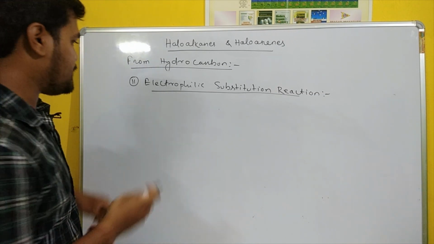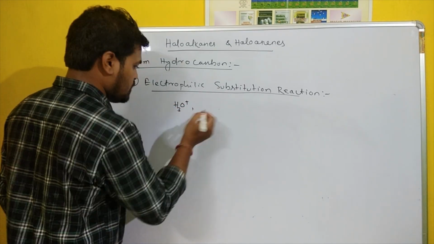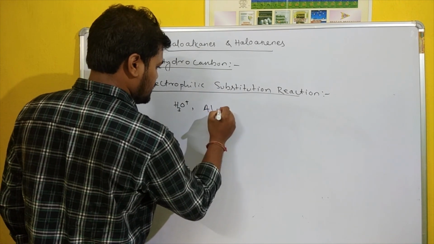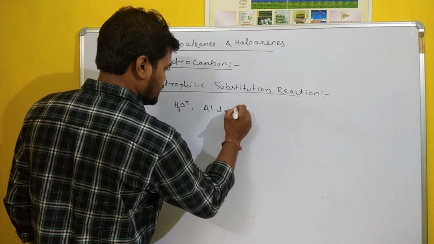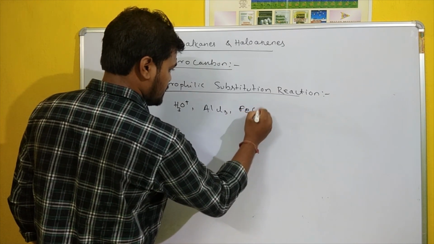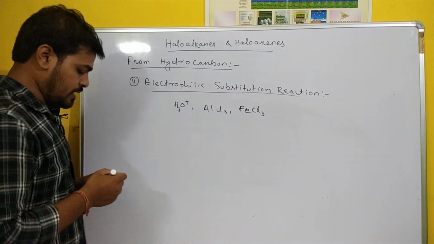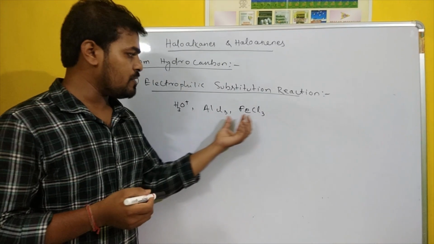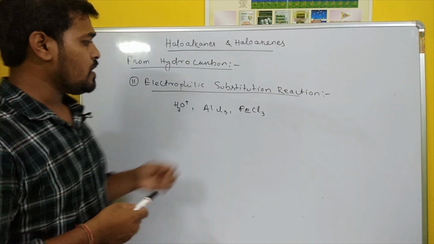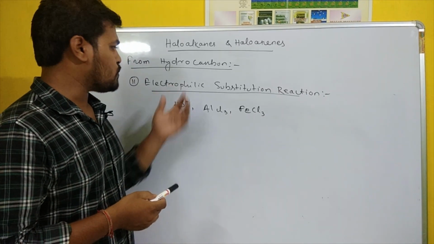So basically these are like H3O plus, AlCl3 and FeCl3, like this. So basically aluminum trichloride and ferric trichloride accept a pair of electrons, so they are called electrophiles.